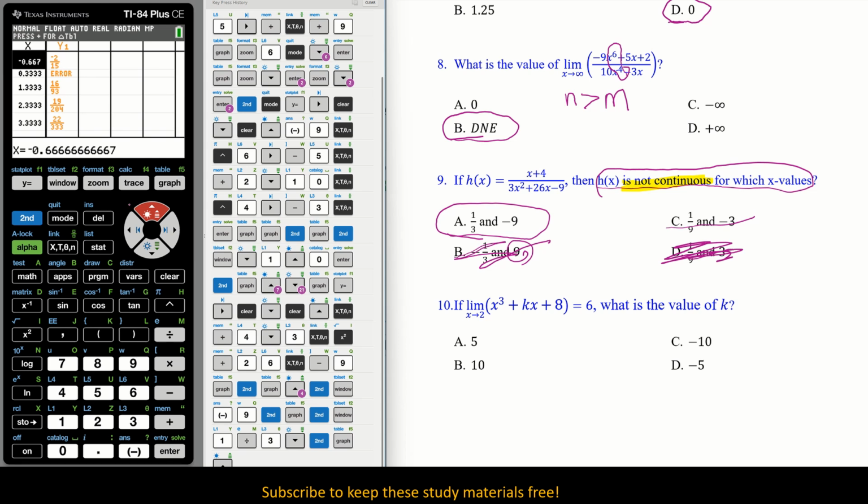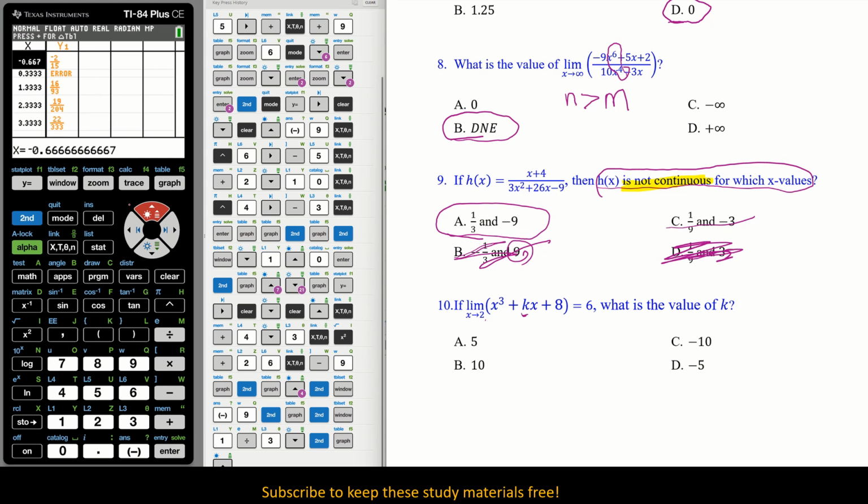All right. Now, 10. If this limit, okay, this is algebra. If the limit as x approaches 2 for the function x to the third plus kx plus 8 equals 6, what is the value of k? This is an algebraic thing, and we can show it on the calculator once we deal with our algebra, okay?